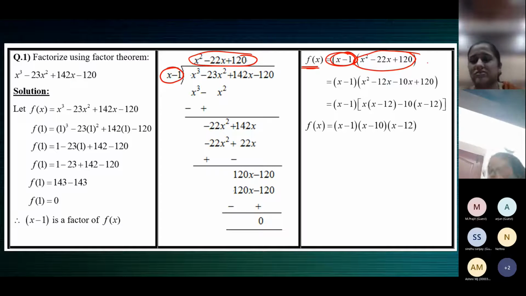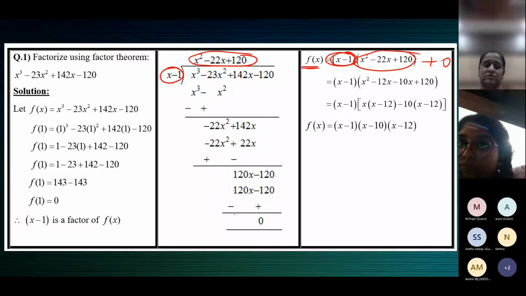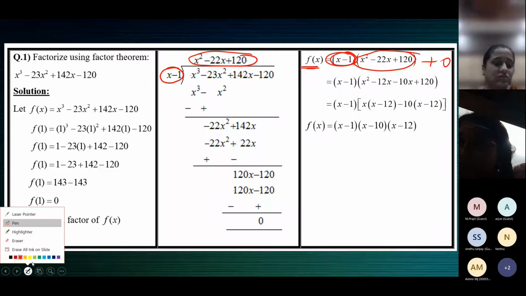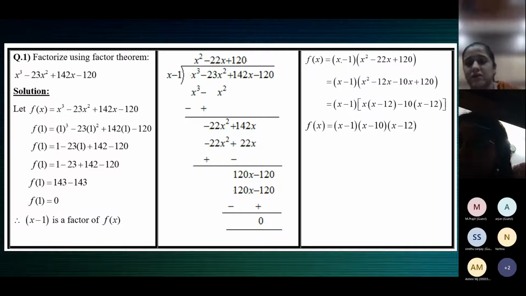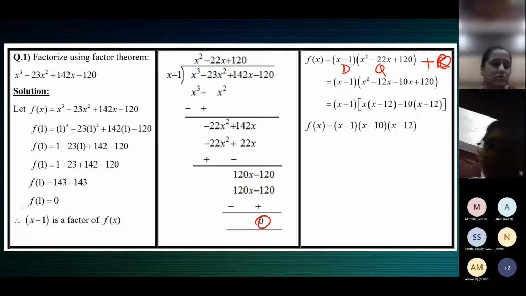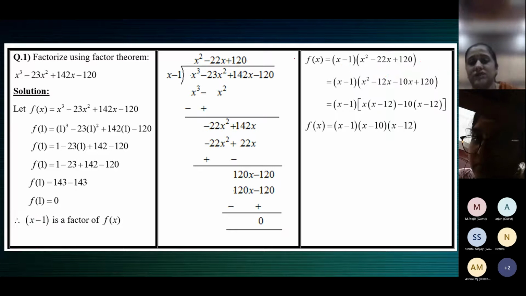The remainder is 0, so you don't have to show plus 0. By the division algorithm, we write f of x, that is the dividend, is equal to divisor into quotient.